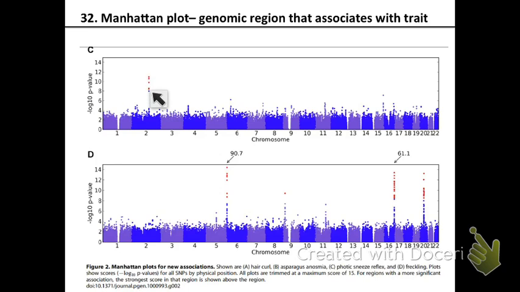So here, what you're looking at is that for the photic sneeze reflex phenotype, there is a region on chromosome 2 that has a bunch of SNPs that's correlated with this phenotype. It's not telling you just yet what gene is correlated with this phenotype, but you can suspect that if a bunch of SNPs is correlating with this phenotype, there must be a gene at this locus close to these SNPs, right?